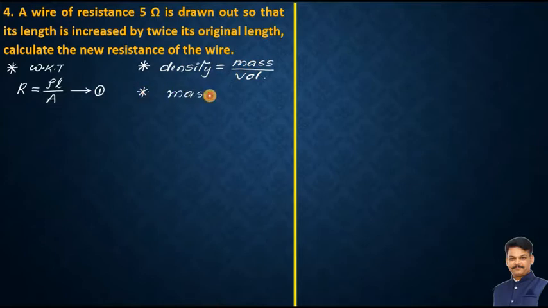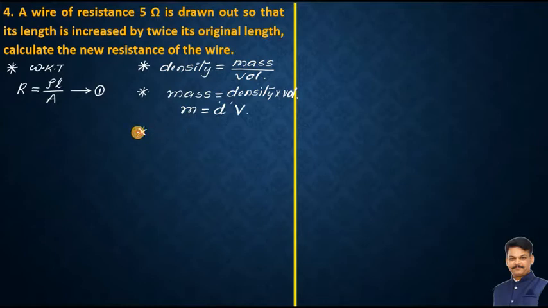Mass is calculated using the formula, density into volume. Hence M is equal to density, which I represent as small d, into volume, represented as capital V, right? Then what is the formula for volume?